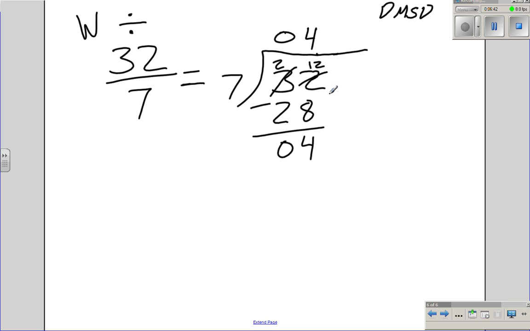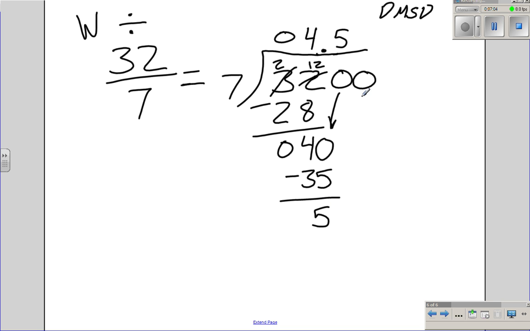Can't have a remainder because I want a decimal answer. So I'm going to put my decimal point here. Put my 0. Bring my 0 down. 7 goes into 40. 5 times 7 is 35. Subtract, 40 minus 35 is 5. Put a 0 up here.